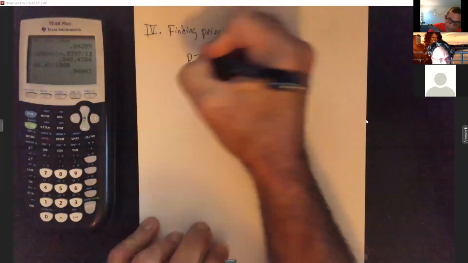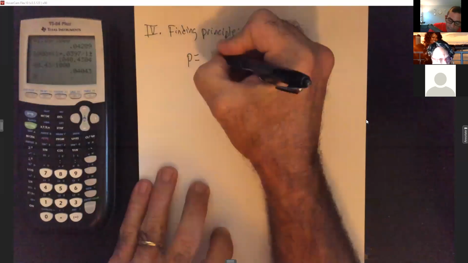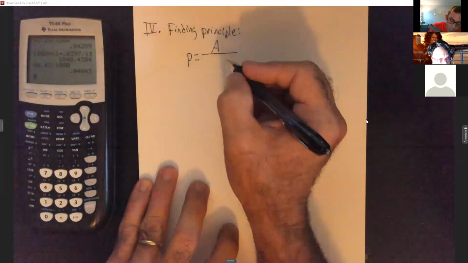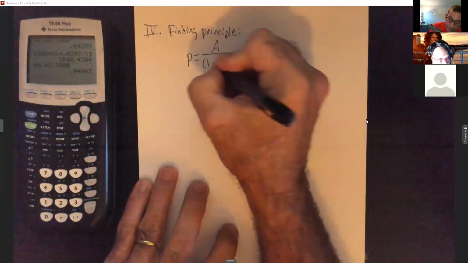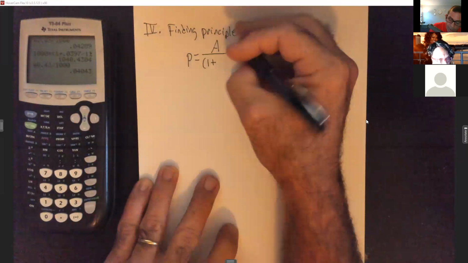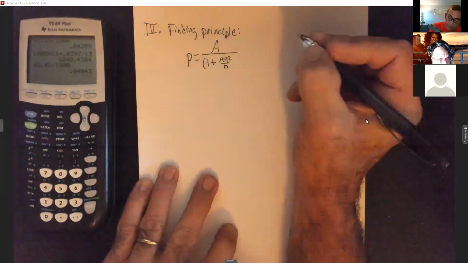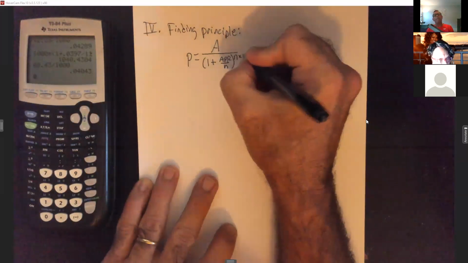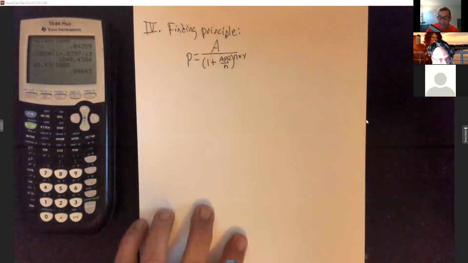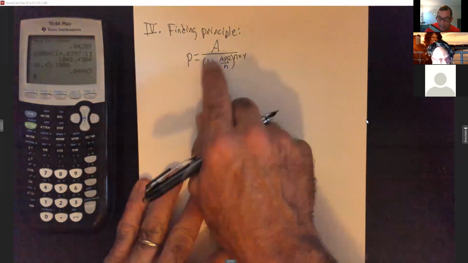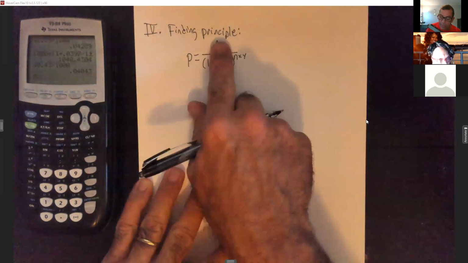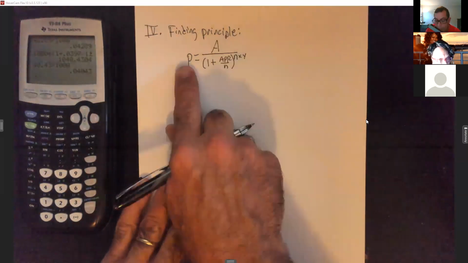So now we're going to use the end amount we want to find what we got to start with. So this formula is P equals the A, which is the amount you want to end up with, divided by 1 plus APR divided by N, all raised to the N times Y. So basically what they did, this part was being multiplied by the P equal to the A. Well, to get the P, you divide the A by all this.